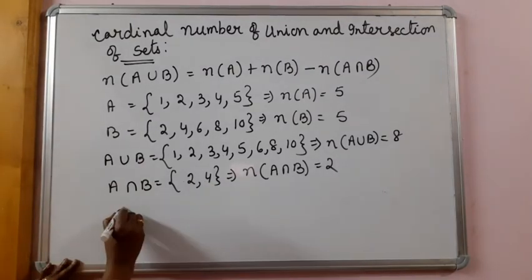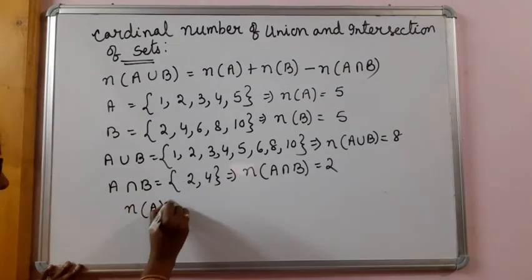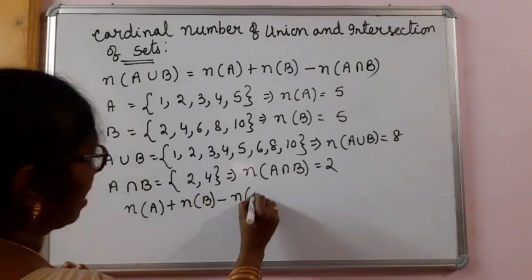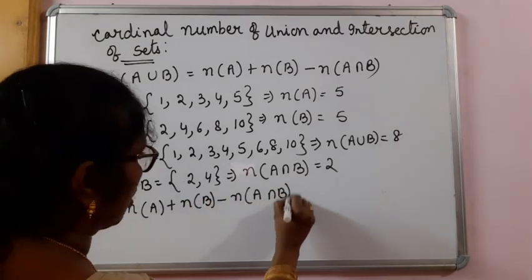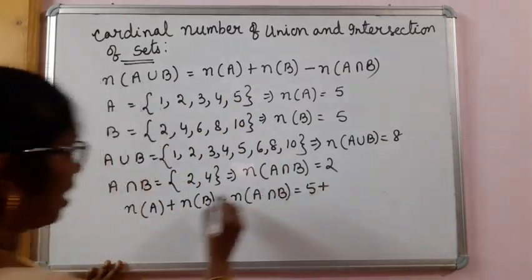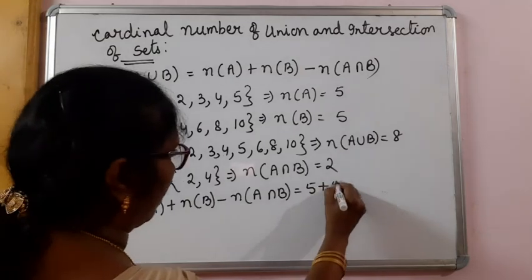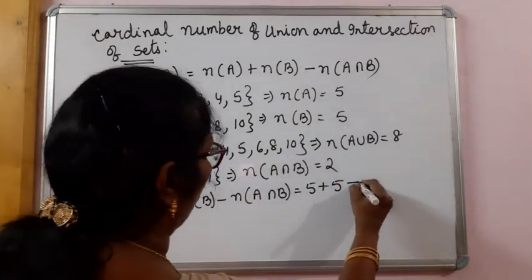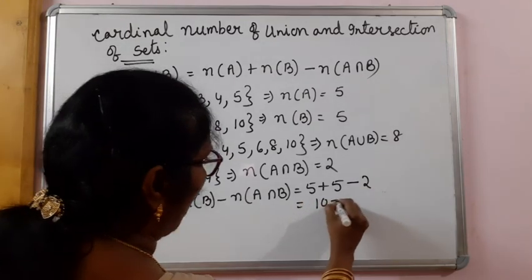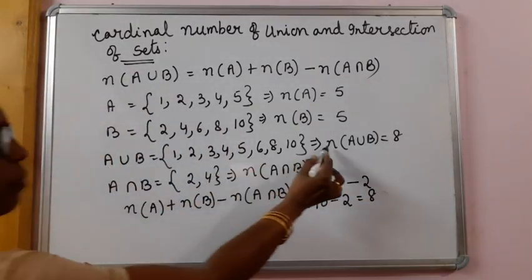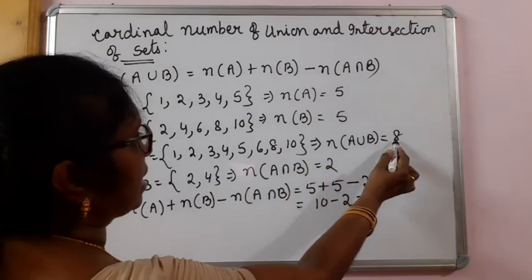Okay. Let me find the number of elements in A plus the number of elements in B minus the number of elements in A intersection B. Number of elements in A is 5, in B is 5, and in A intersection B is 2. So 5 plus 5 minus 2, 10 minus 2 is 8. So we can see the number of elements in A union B is 8.